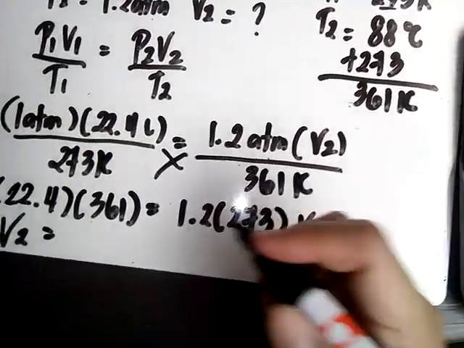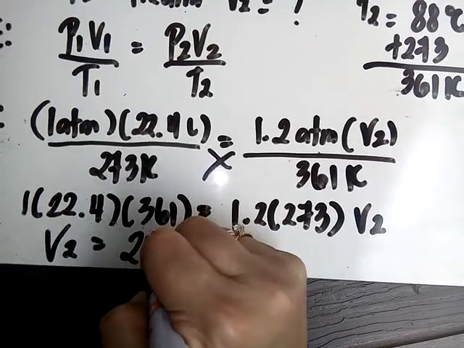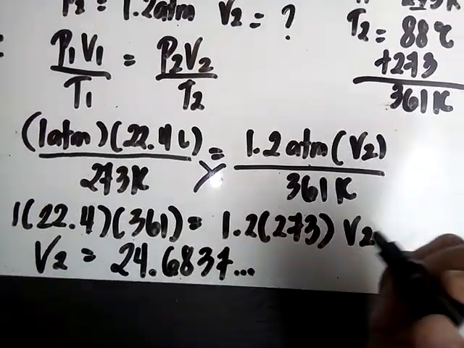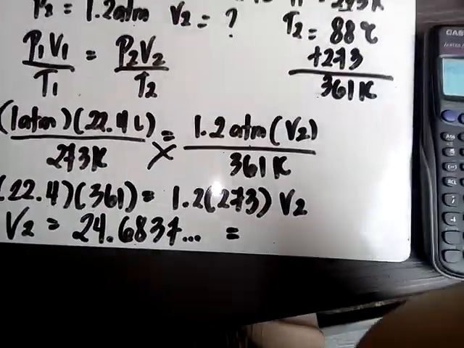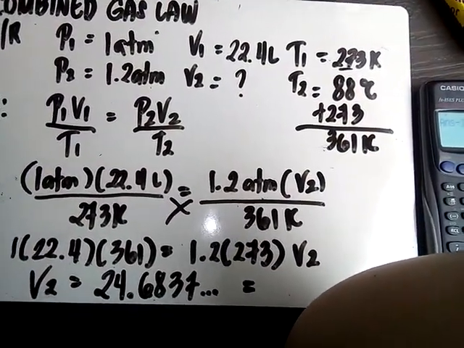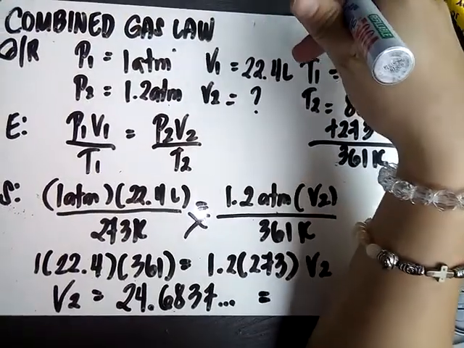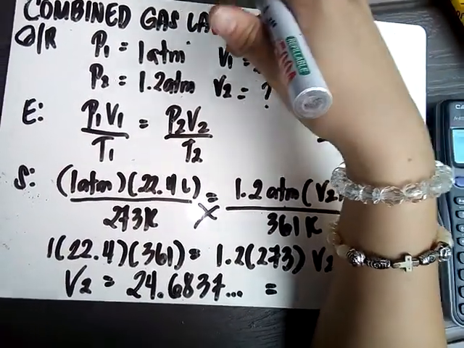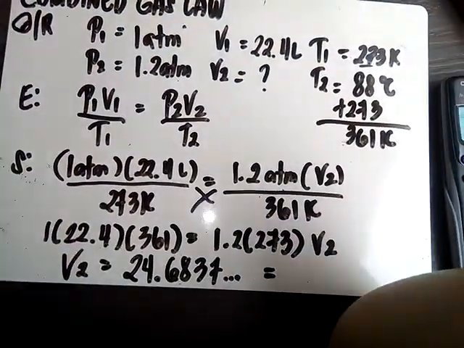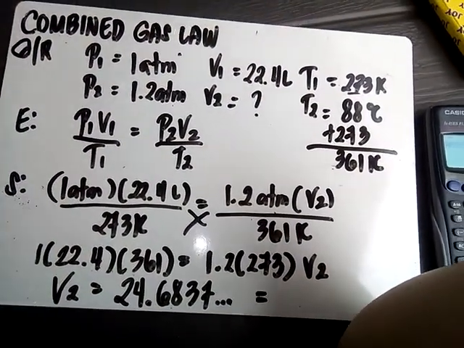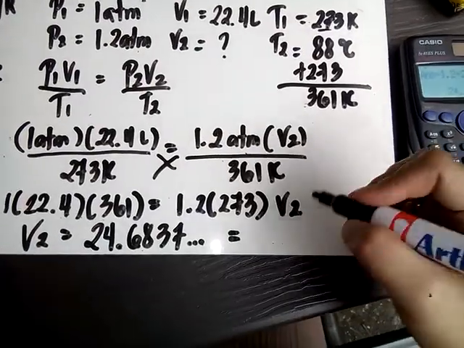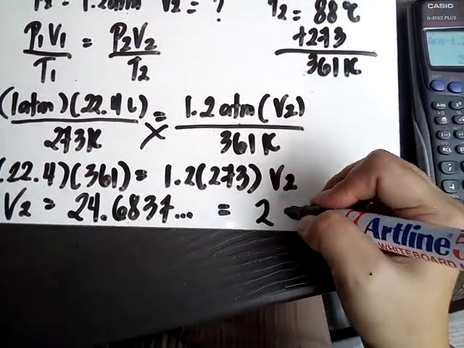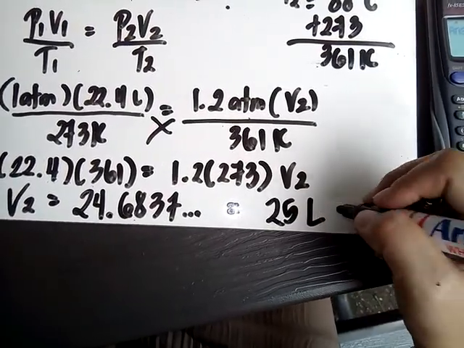So our V2 is 24.6837 in my calculator. We have to express it in proper SF. Again, these are not given. The given are 22.4 liters, 1.2 atm, and 88. So it's best if we express our answer in two significant figures. So our answer is 25 liters. This is our V2.